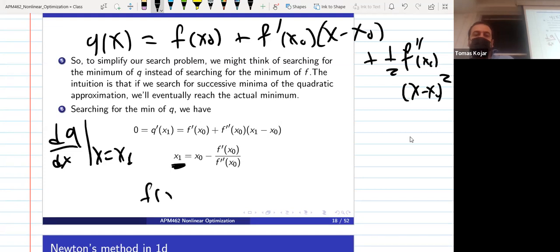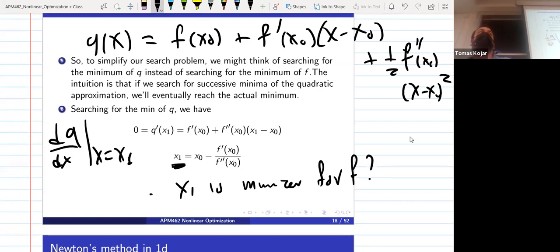Now, do we have that x1 is the minimizer for f? Yeah, but this is q of x, not f of x, right? So x1 is a minimizer for q of x, right?